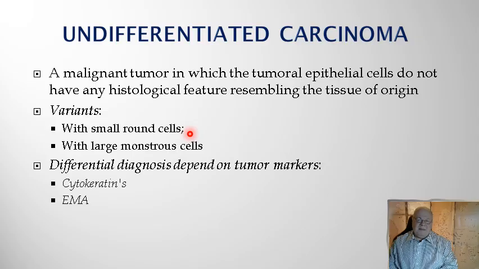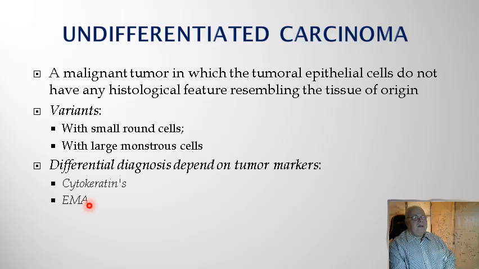But it's still important for such an undifferentiated tumor to say if it's a carcinoma or not, and this is possible by doing the pan-cytokeratin reaction, which is positive in all carcinomas, including the undifferentiated one, or eventually the EMA, meaning epithelial membrane antigen.